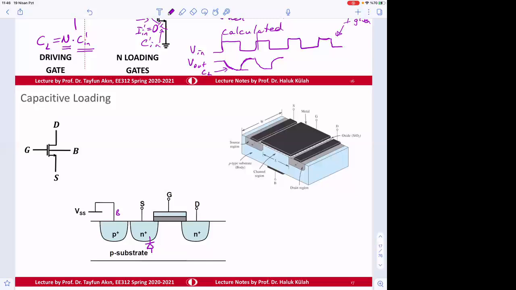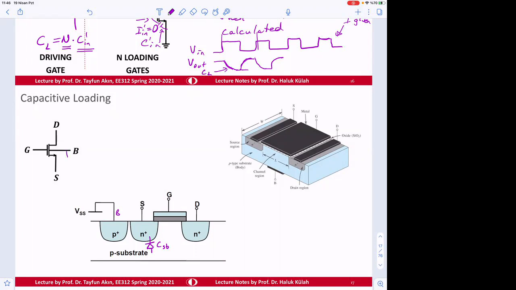There is a capacitance here, which we call the capacitance source to bulk.